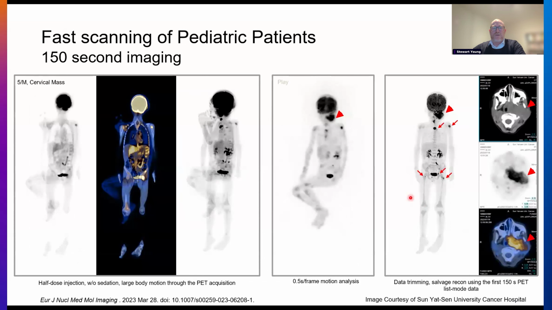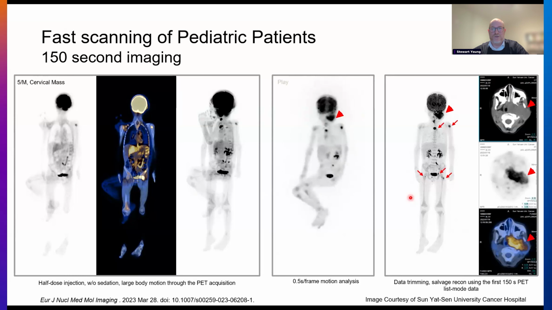This is another example underlining the point, a pediatric image, of course, with a child moving. So motion management and motion correction. First of all, just imaging over a shorter period of time makes a significant contribution to motion management, but also, of course, reduces the dose.